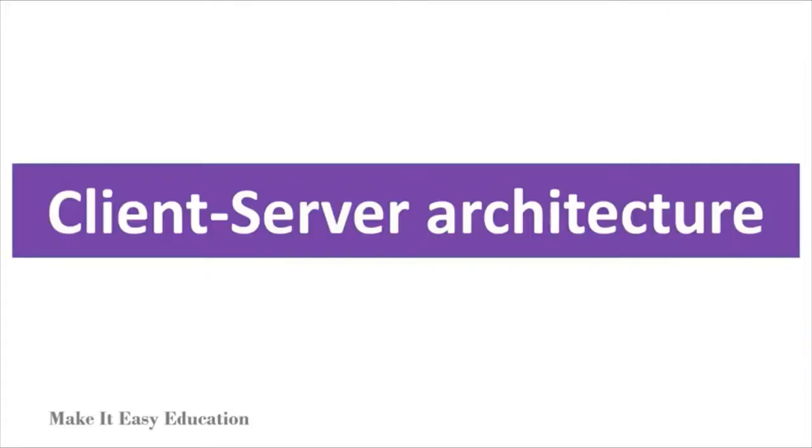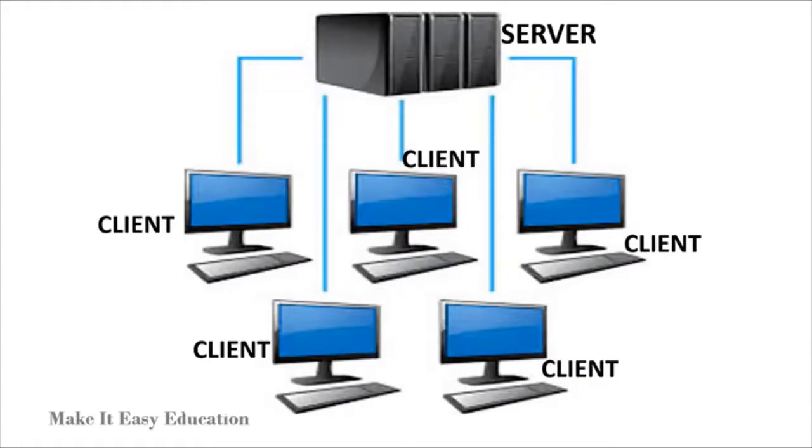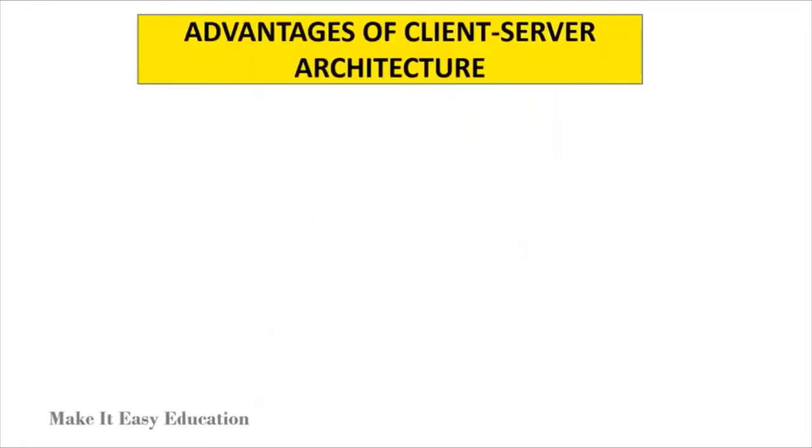Client-server architecture. In client-server architecture, a central computer acts as a server, and serves all the requests from client computers. All the shared data is stored in the server, which is shared with the client computers when a request is made by the client computers. All the communication between the client computers takes place through the server. Advantages of client-server architecture.